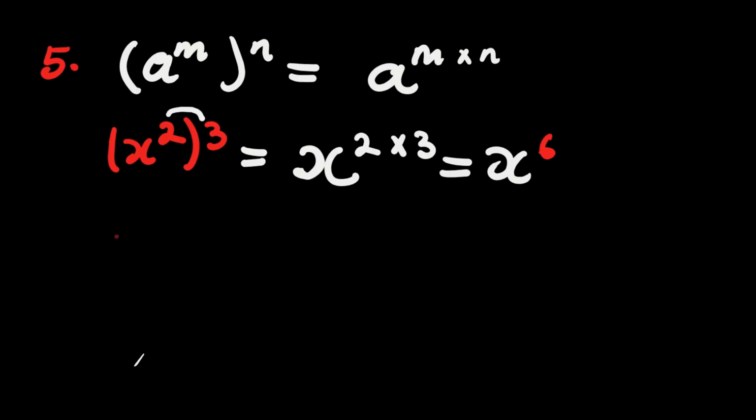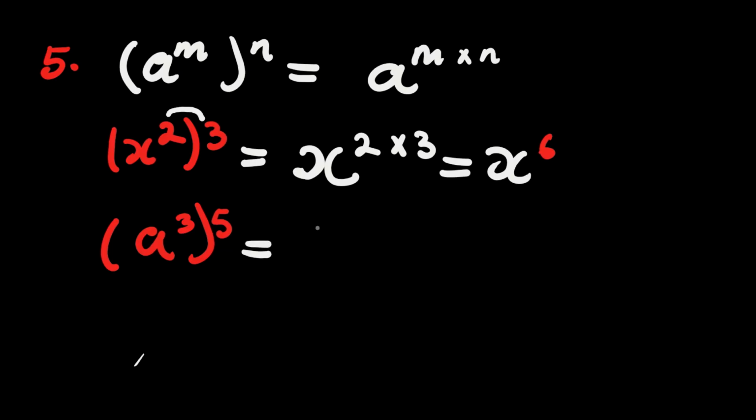Second example. Let's say we're given a to the power 5, or let me change this and make it 3. And outside here we have a 5 as an exponent. What will be our answer here?